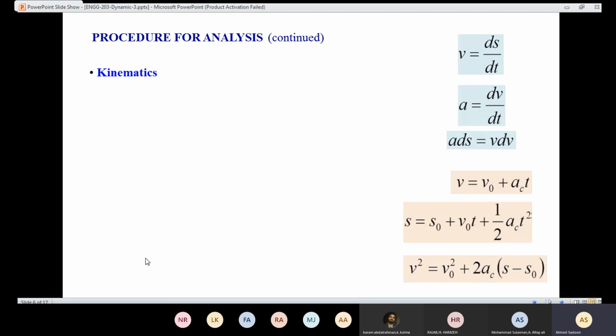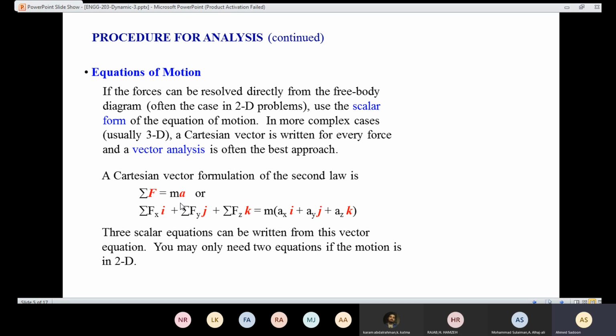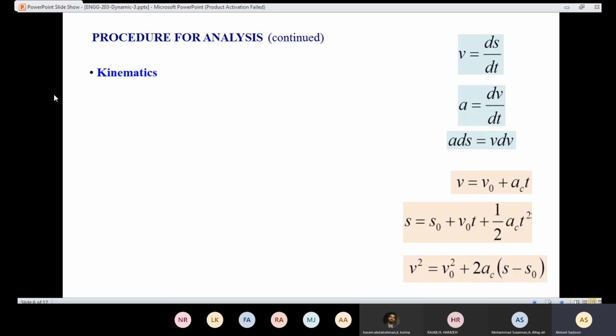Also, sometimes we need to determine the velocity, or sometimes we need to determine the position of the particle. Like you can see in the equation of motion, we have a relation between the forces and the acceleration. But if we were asked about the velocity or the position of the particle, in that case, we need to use the kinematics equations.